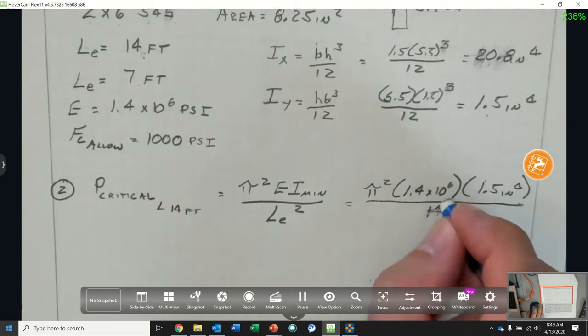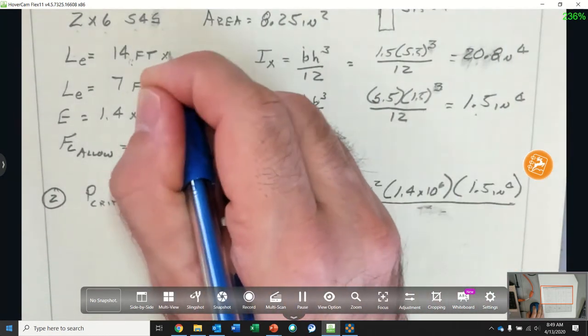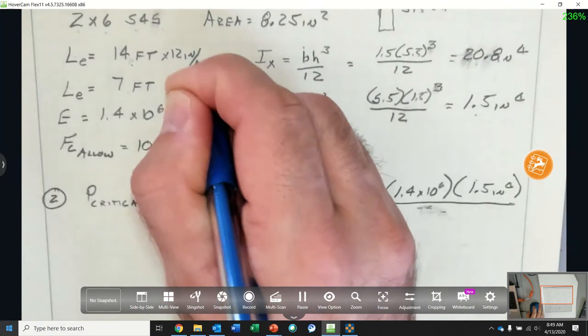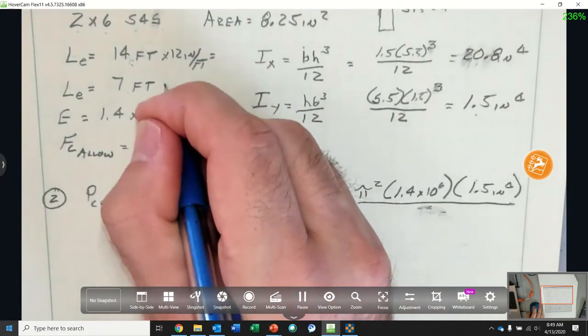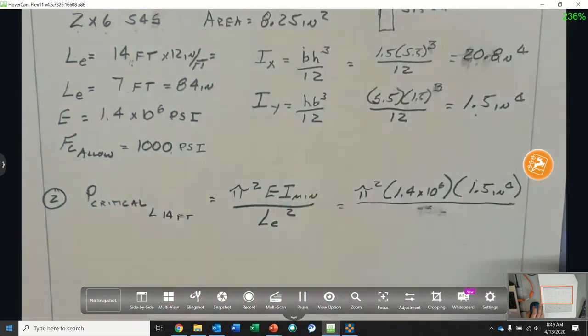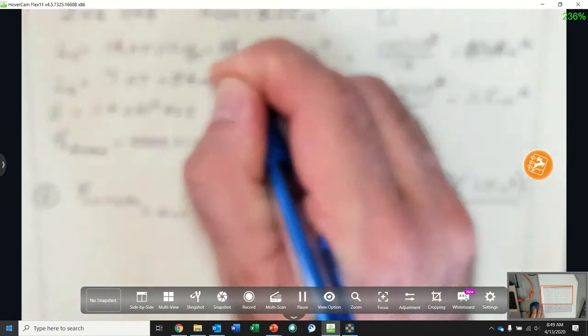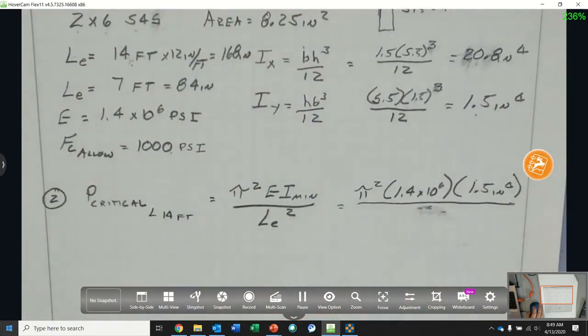So do I put 14 in? I know I have to put it in inches, times 12 inches per foot. 14 times 12 is 168 inches. Okay, 7 times 12 is 84 inches.